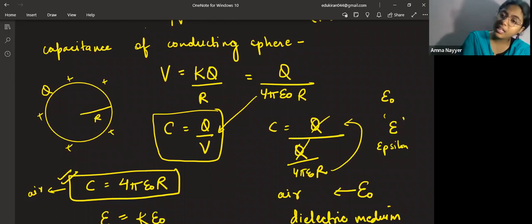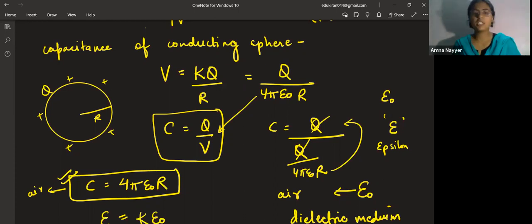If some modification is there in the question, it will let you change the potential. Whatever is the new potential that is generated, accordingly you put it in this. For example, for a conducting sphere, you know the potential is kq by r. Suppose we have a sphere whose potential's value or formula you already know.